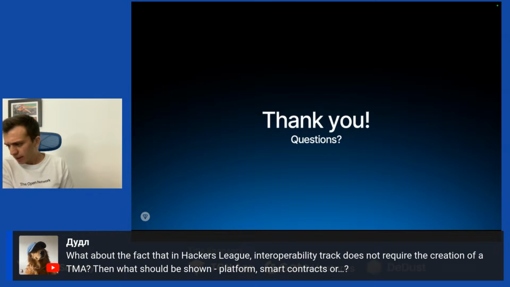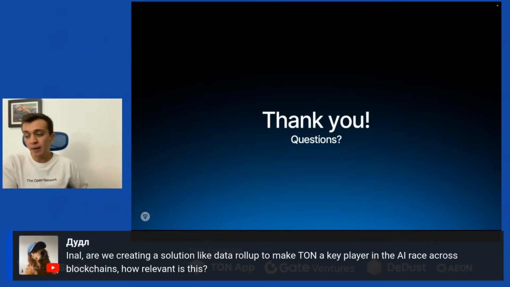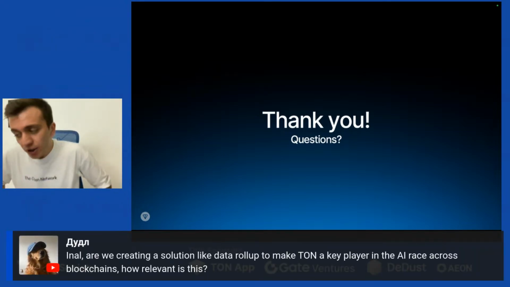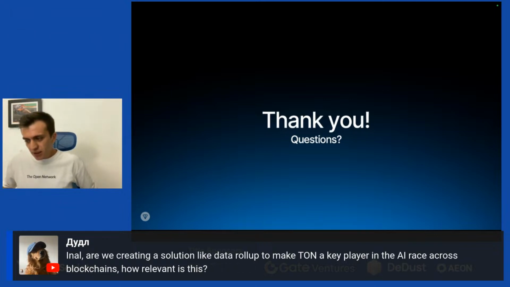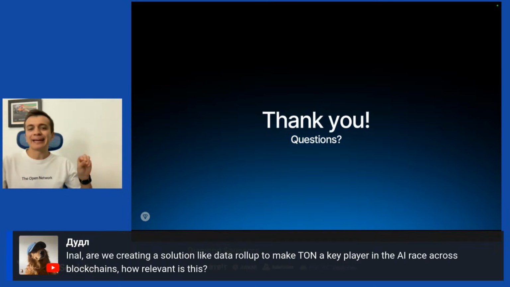Yeah, next one. We're creating a solution like a data rollup to make TON a key player in the AI race across blockchains. How relevant is this? I don't know, details should be discussed. To be honest, in my opinion, there are quite few cases where AI and blockchain make sense.